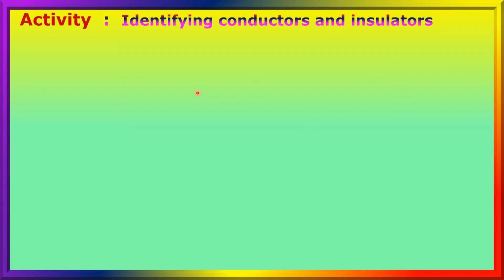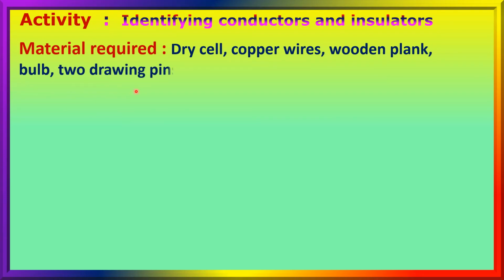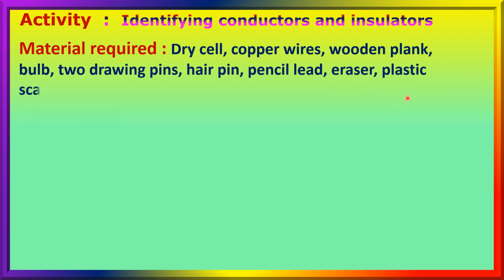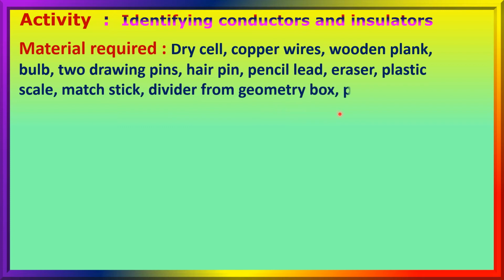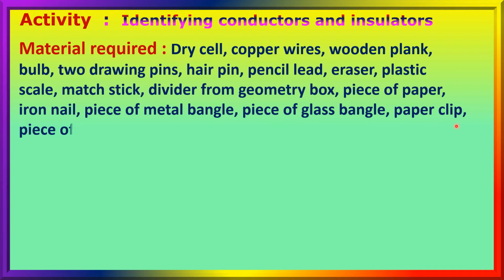See here. In doing this activity, the material required, here I am showing: dry cell, copper wires, wooden plank, bulb, 2 drawing pins, hairpin, pencil lead, eraser, plastic scale, matchstick, divider from geometry box, piece of paper, iron nail, piece of metal bangle, piece of glass bangle, paper clip, piece of chalk, safety pin.